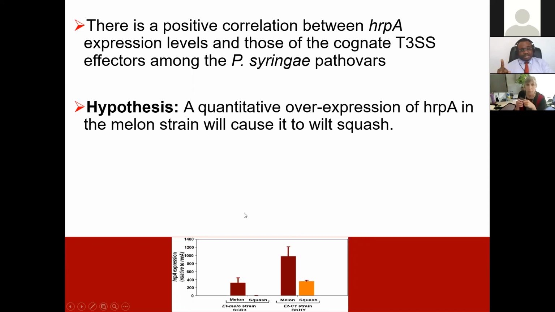Remember, the melon strain does not wilt squash at all. Its expression on squash was barely detectable, so if we overexpress this gene in the melon strain, it's probably going to gain the ability to wilt squash.